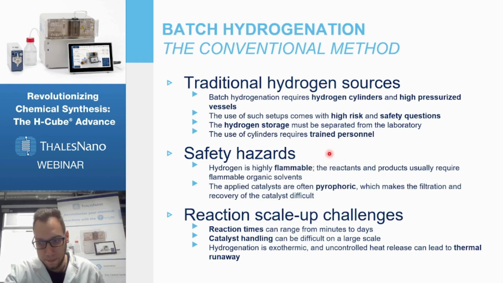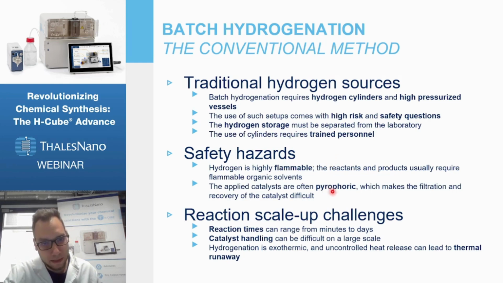It has a combustible concentration of 4%, so if it mixes with air, such a low concentration as 4% of volumetric percentage in the air will already form an explosive mixture. And that's why the companies and the research facilities are trying to move away from hydrogen cylinders and are always looking for more safe alternatives on how to perform hydrogenations.